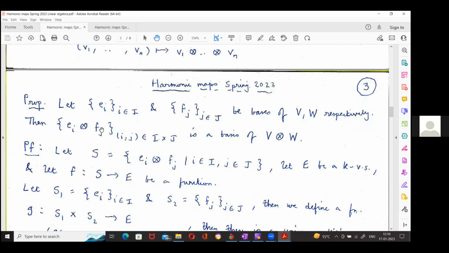And this set, all the elements are distinct because it's a basis, so it's linearly independent. So this set will have cardinality equal to the product of the dimensions. Is that clear? Yes, it's clear.